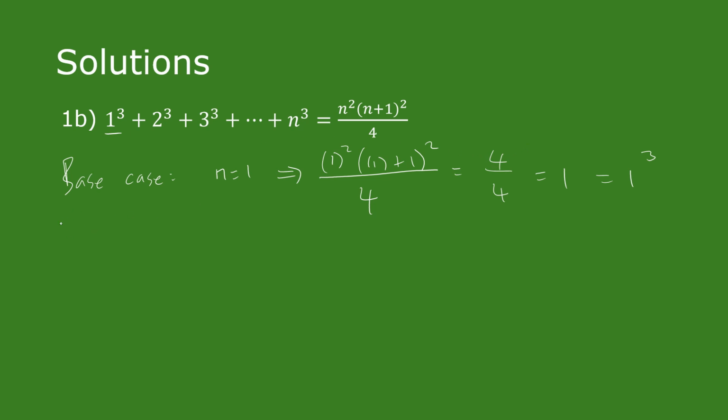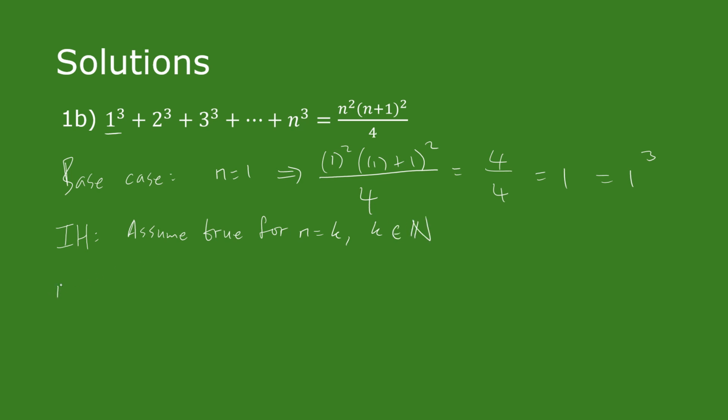So now we do the induction hypothesis. So the induction hypothesis is assume true for n is equal to k. Assume true for n equal to k, where k is a natural number.